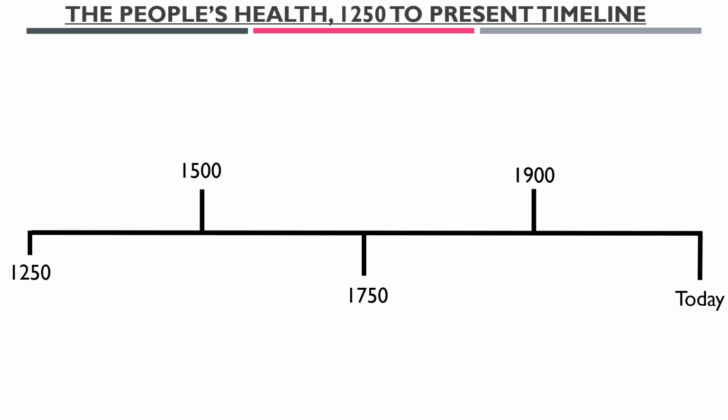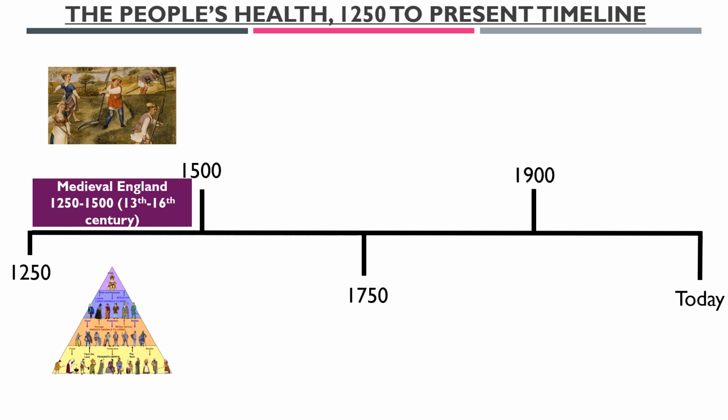Just a quick reminder of our timeline for people's health. We have already looked at, in a previous video, 1250 to 1500, the 13th to the 16th centuries, which is medieval England.